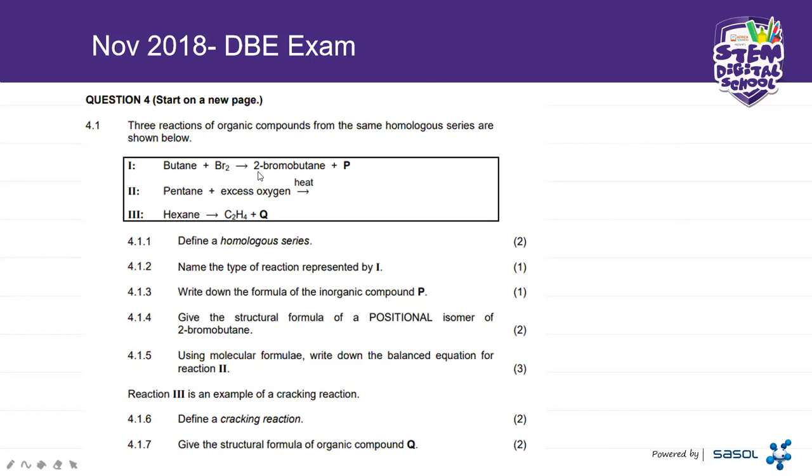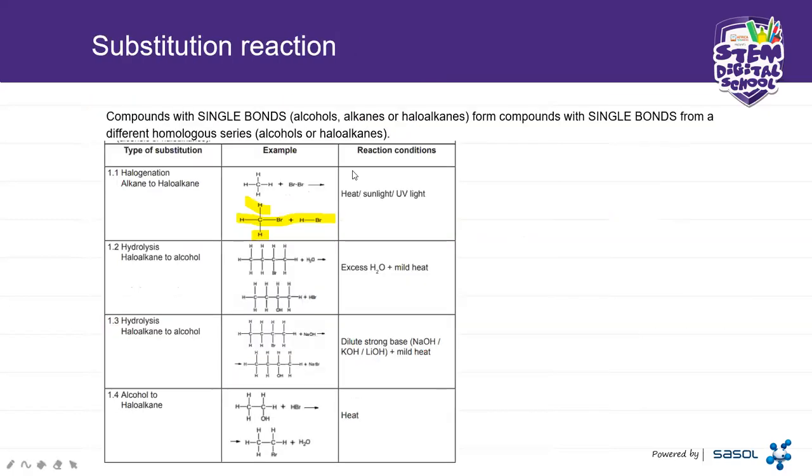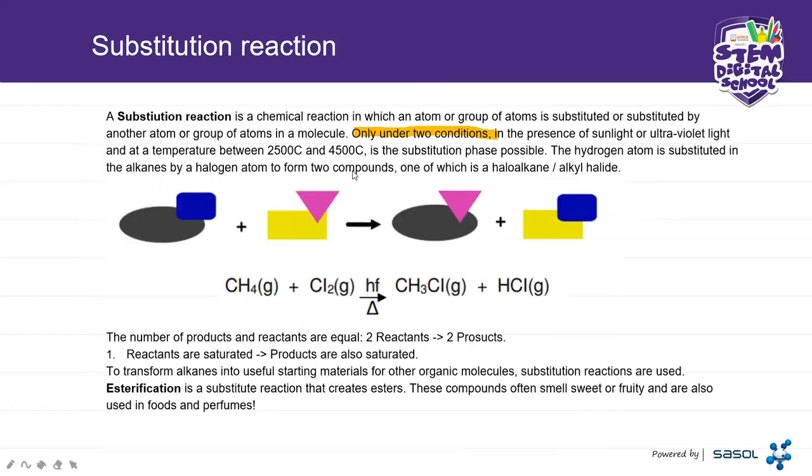And it says here, 2-bromobutane plus P. What reaction do we already know this is? It's a substitution reaction, right? Because remember what they said in our substitution reactions? Always based when we go back to the theory. It says here, the number of products and reactants are equal.